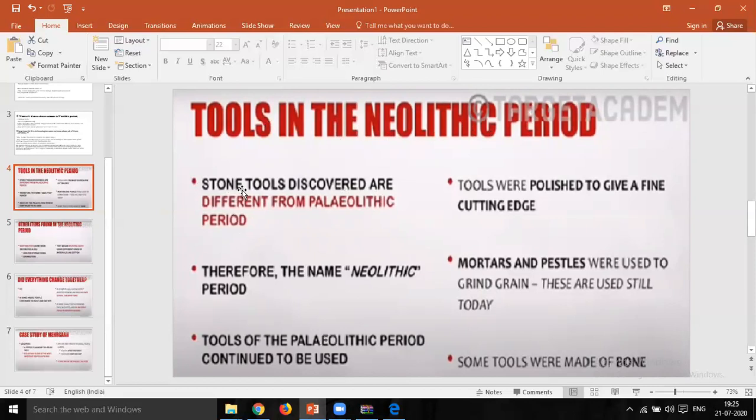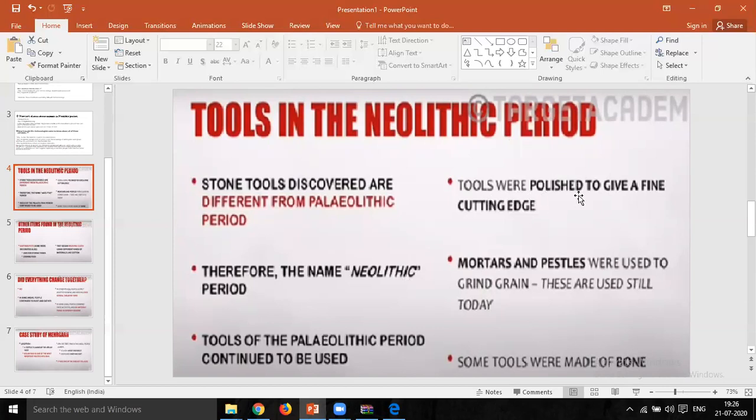The stone tools that were being discovered were different from the Paleolithic period. So as they were different, the stone tools were termed as the Neolithic tools. But even though they used the new stone tools, the old tools that were being used in Paleolithic are also used along with them.